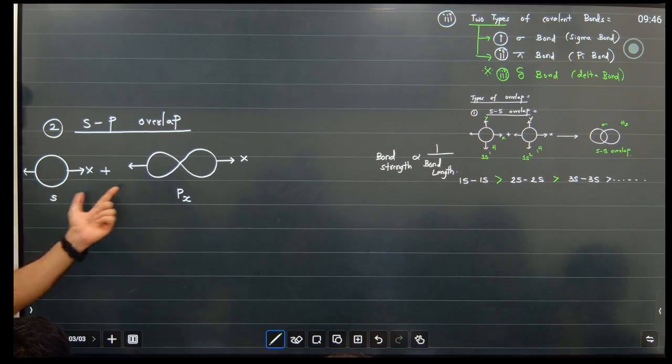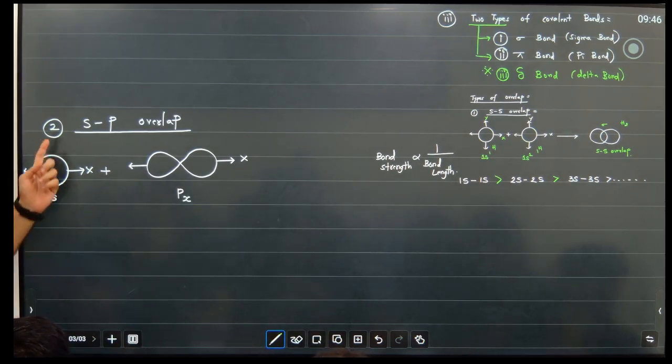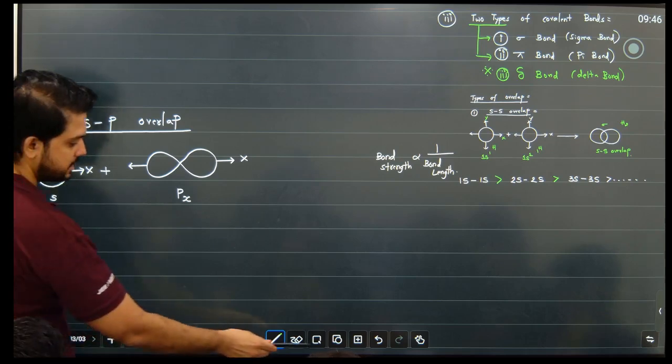So उन दोनों का approach should be along the x-axis.